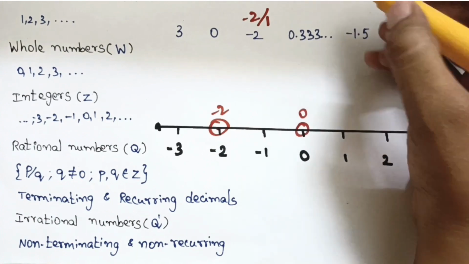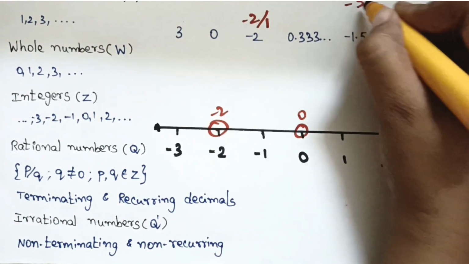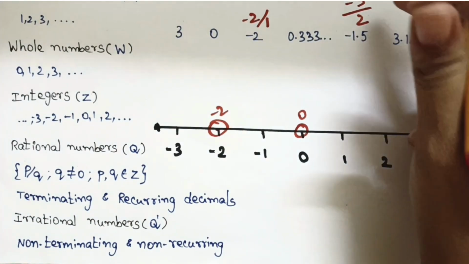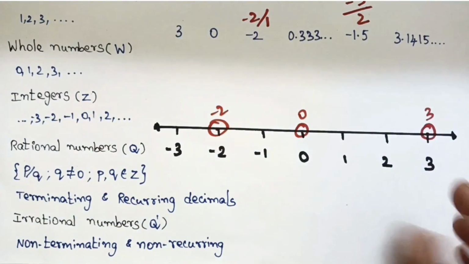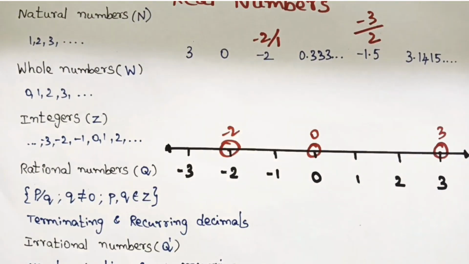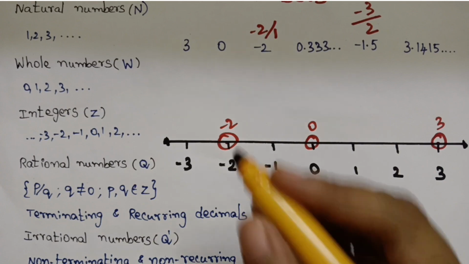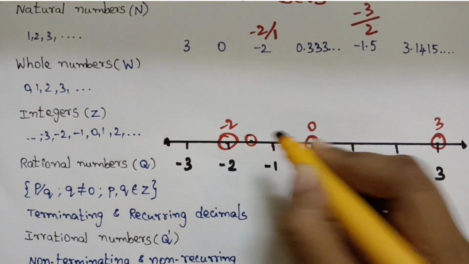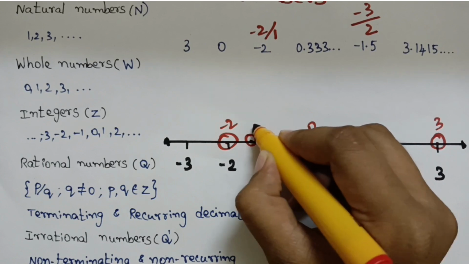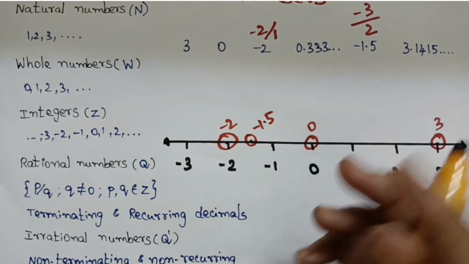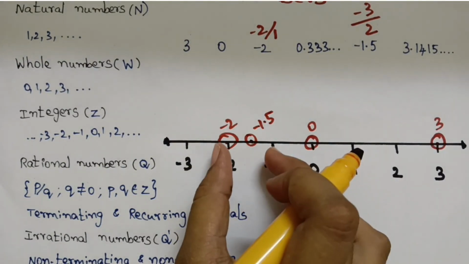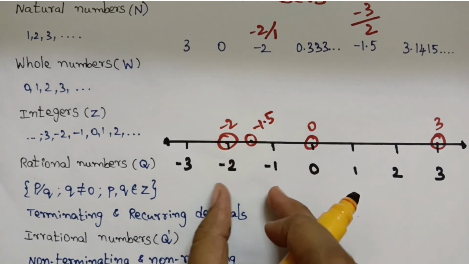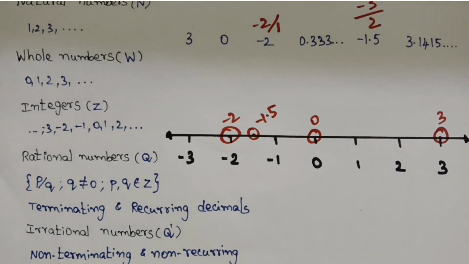Minus 1.5 is represented as minus 3 by 2, where 3 and 2 are integers. Representing minus 1.5 on the number line, it's between minus 1 and minus 2. So there exist numbers between two integers. That is the rational numbers.